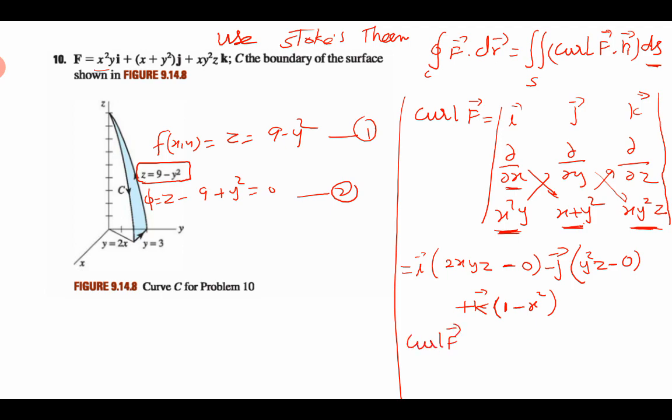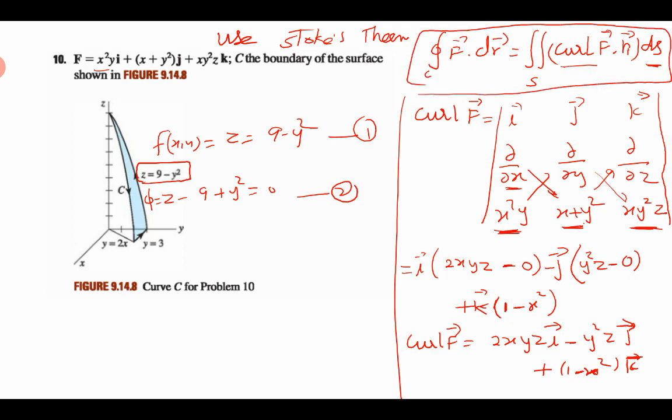Therefore curl F vector is 2xyz i vector minus y square z j vector plus 1 minus x square k vector. So curl F is ready to apply in this formula.